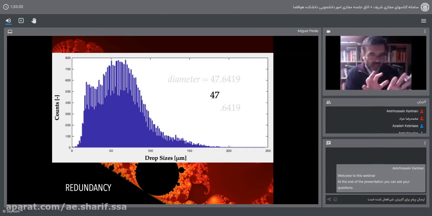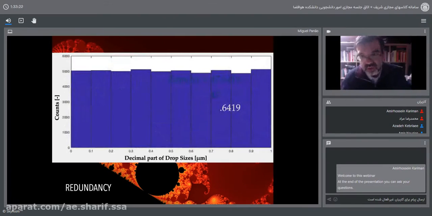So when I look at this, I see that probably this has to do with the resolution of my instrument. And then I ask, what is the distribution of the decimal part? Well, if it's between 0 and 0.999, obviously it must be a uniform distribution.